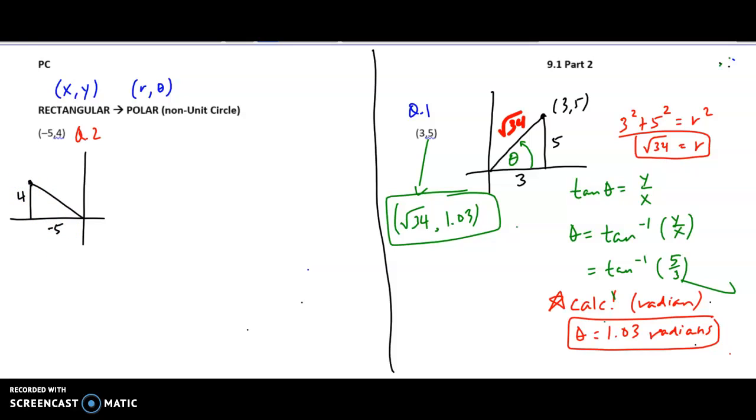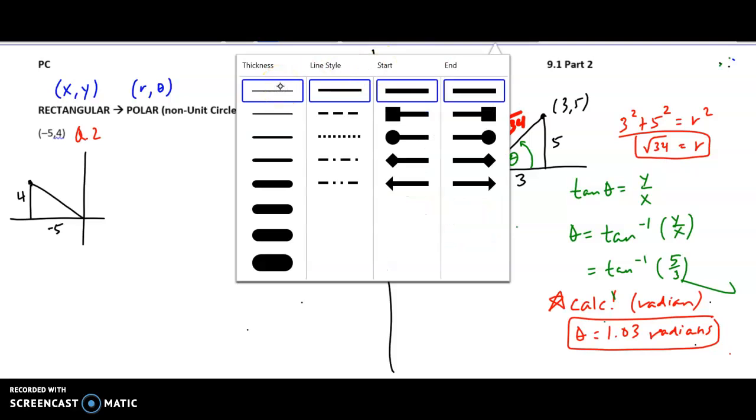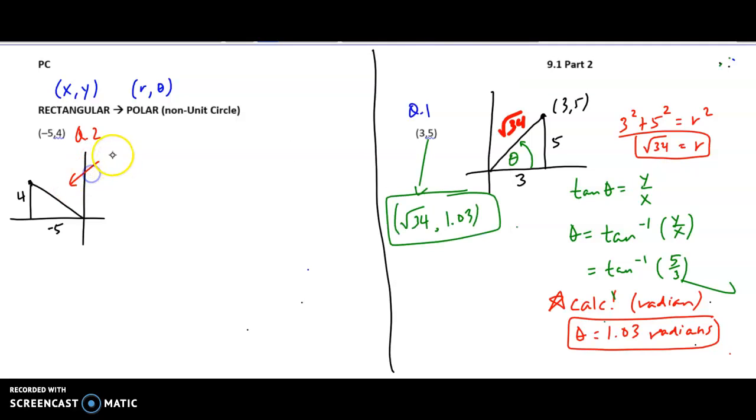Again, by the Pythagorean theorem, we can figure out what the r value is going to be. r squared is equal to 4 squared plus negative 5 squared, and r turns out to be the square root of 41. That's your r value. Now for the theta, we know we're going to use the inverse tangent of 4 over negative 5.